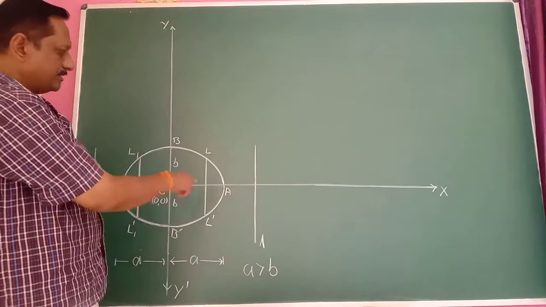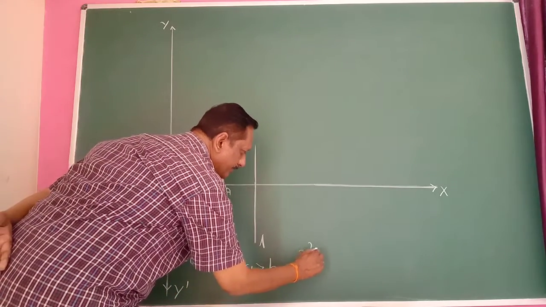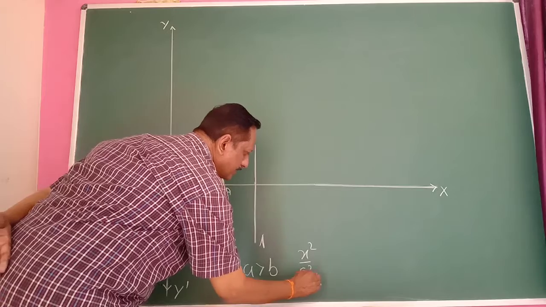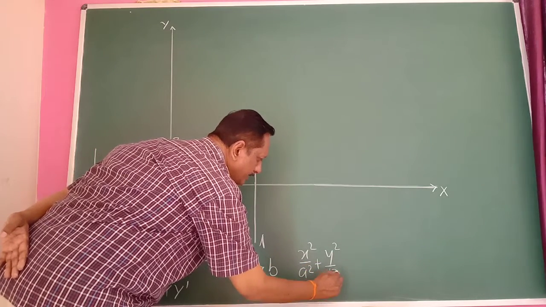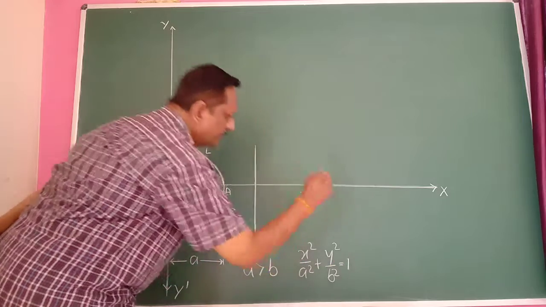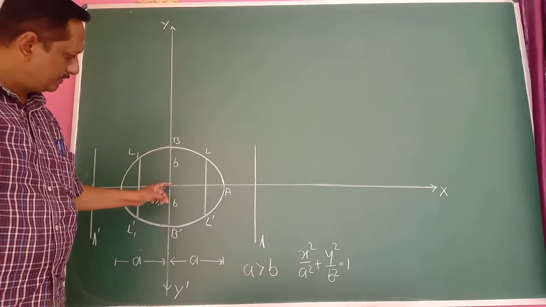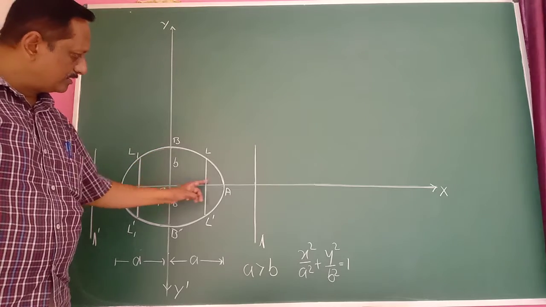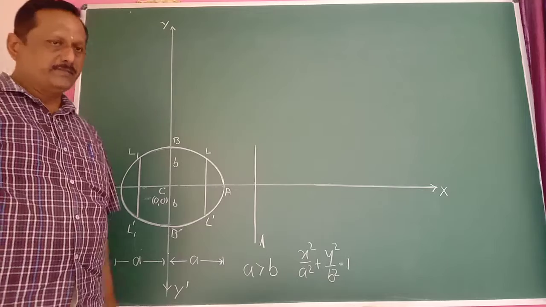Then the equation of this ellipse is x square divided by a square plus y square divided by b square is equal to 1 here. In this case, a is the horizontal distance, b is the vertical distance, and a is greater than b.